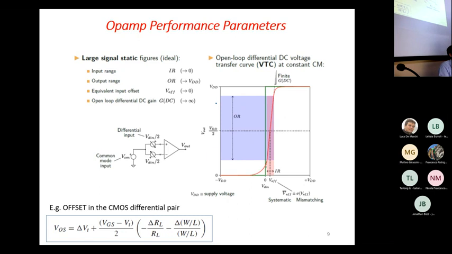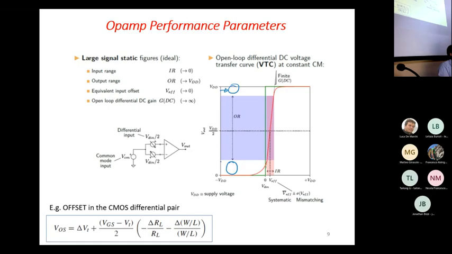This is what we would like to have, but in practice, we know that the output range of our circuit is limited, because we want the devices to work in saturation. So the first non-ideality is related to the headroom, which is wasted with respect to the values of VDD and the bottom value, minus VDD or the null value.